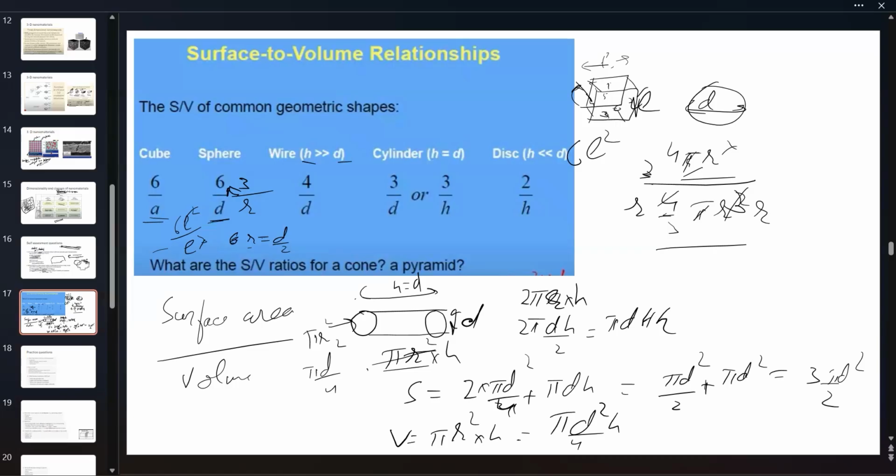If you take the ratio of these two, you should get this value. Okay.